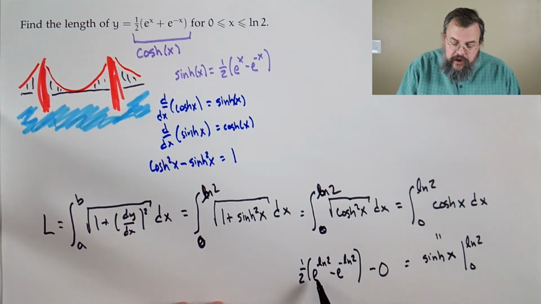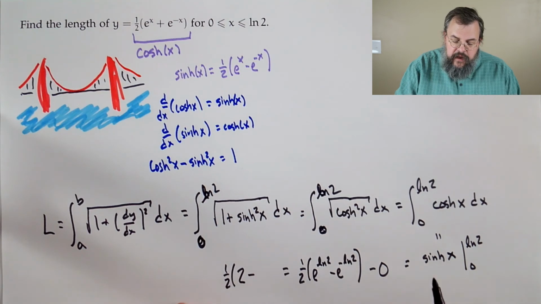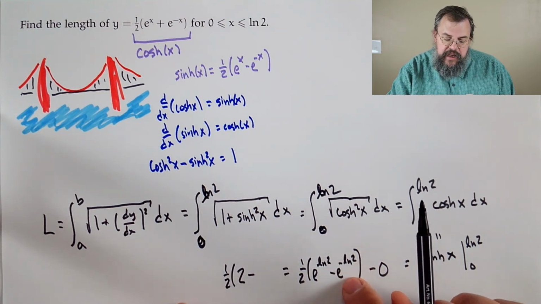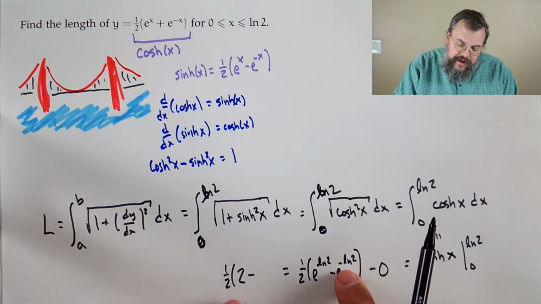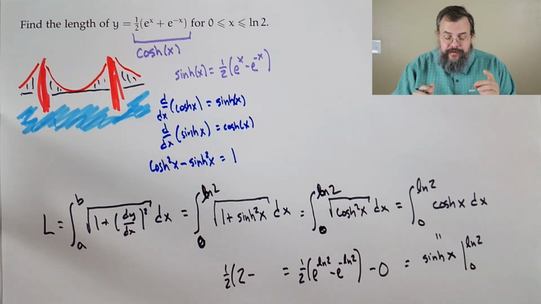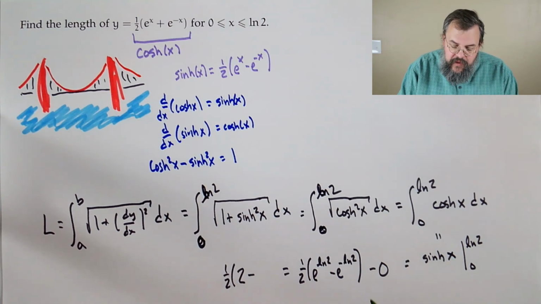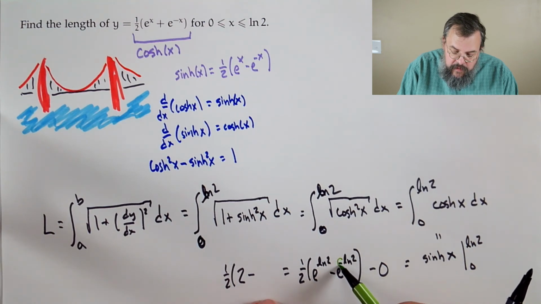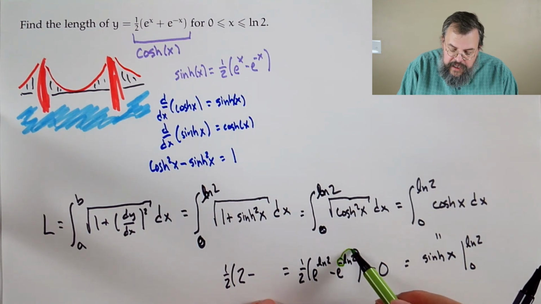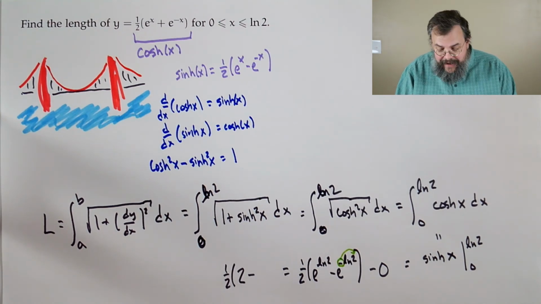Okay, e to the log 2 is 2. So we have 1/2 times 2 minus, now this e to the minus log 2. Now be careful, the minus here does not cancel with that minus there. No. What does it do? Well, you can think of this minus in front as going in, so it's 2 to the minus 1, also known as a half.